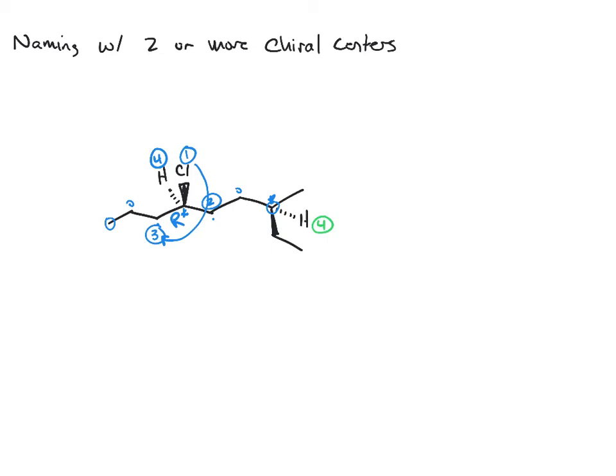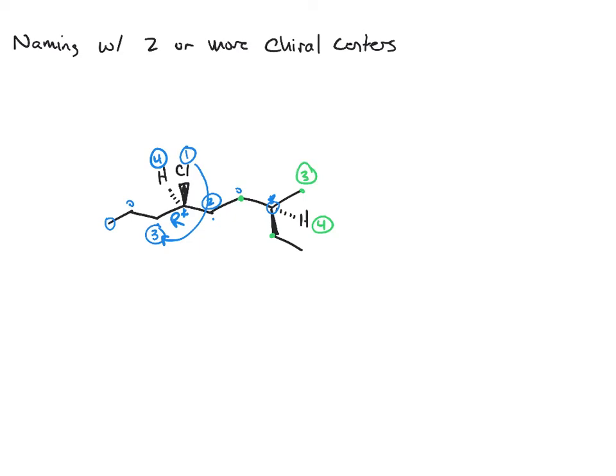Then we have this CH2, a CH2, and a CH3. The CH2s are both tied, but the CH3 has a lower priority than either of those because it's just bonded to hydrogens. So we can go ahead and say this one's going to be priority 3.